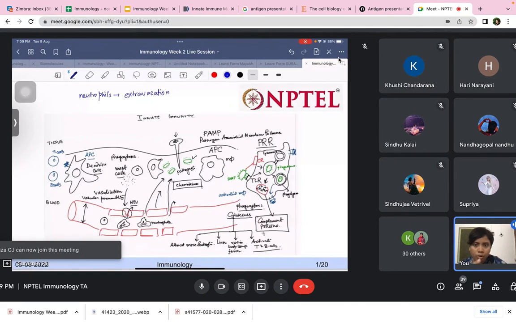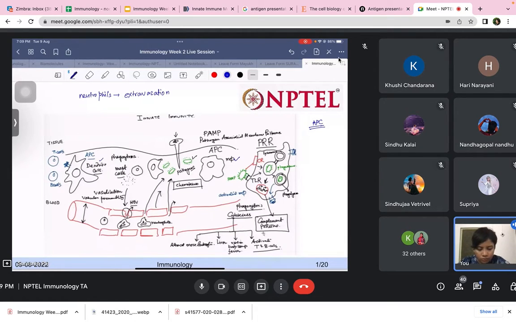Now some of the important events that occur here: there are many APCs. Like I discussed in my previous session, APCs are antigen presenting cells, right? These APCs reside in the tissue, and one of them is the dendritic cell, another one is the macrophage. Also there are the mast cells, which are also important, as we will see later on.